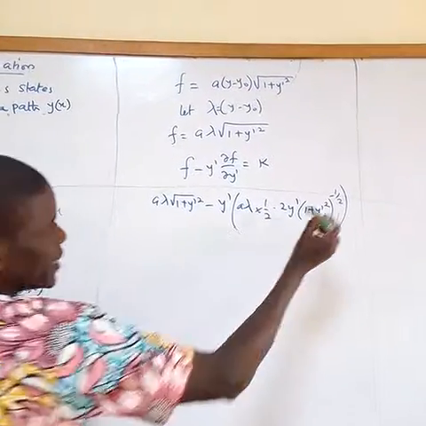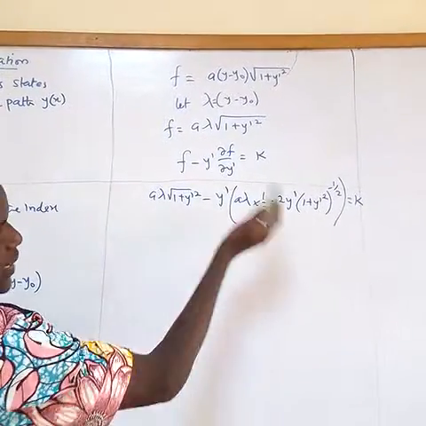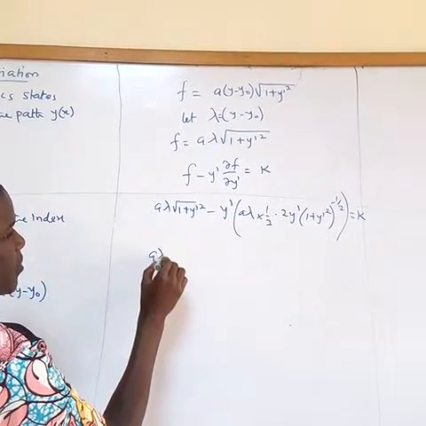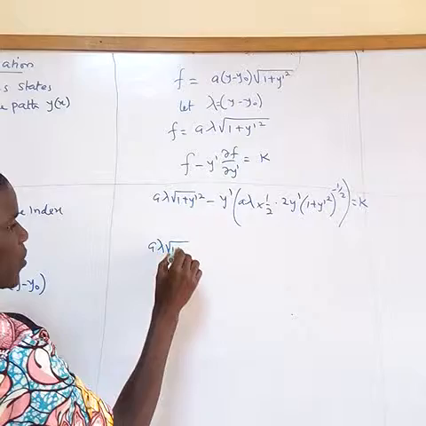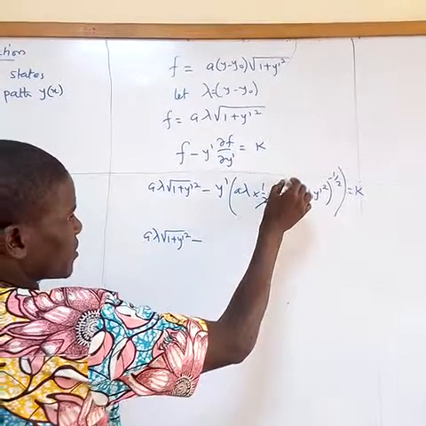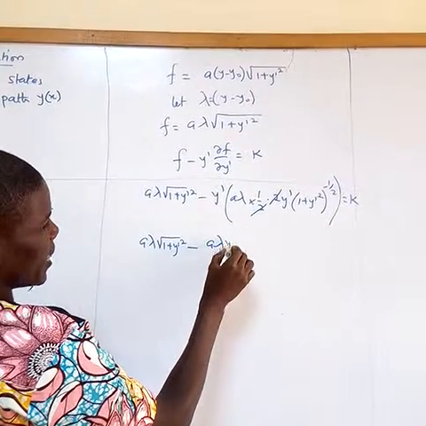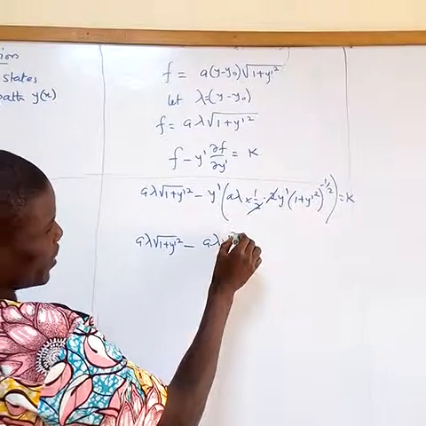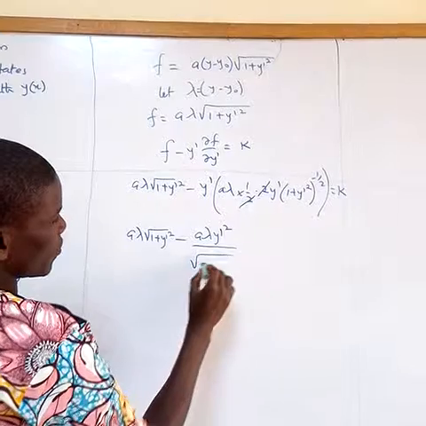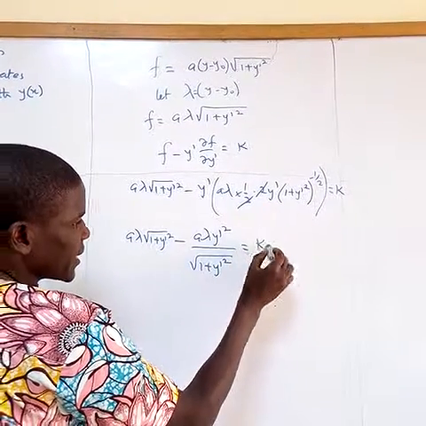So automatically then this one eventually becomes k. So we are going to rewrite the expression as a lambda square root of 1 plus y prime squared minus, by the time this one cancels this, a lambda y prime squared against square root of 1 plus y prime squared is equal to k.